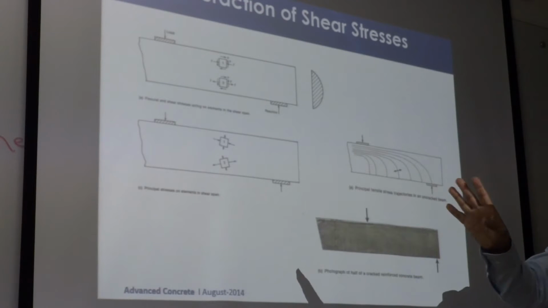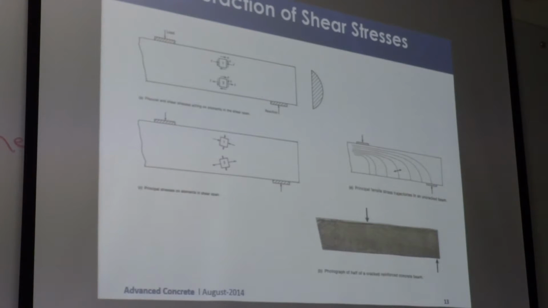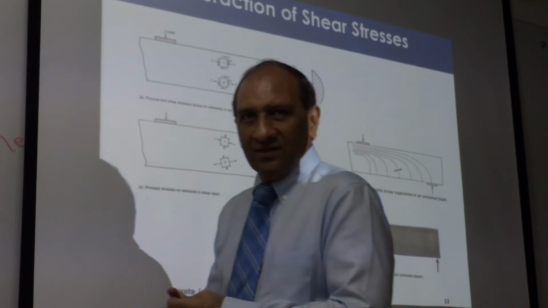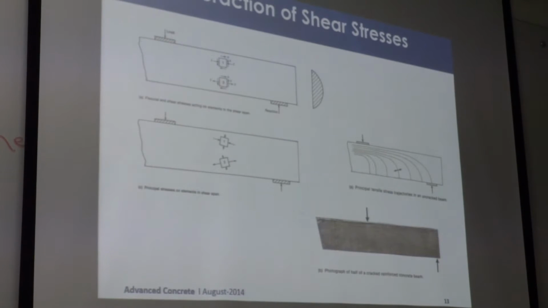Right now we are ignoring aggregate interlock and we are ignoring shear friction. We are only talking about pure shear coming from principal direction stresses, right? So it is not going to match with the real world, because the real world also has shear friction and aggregate interlock, which we might discuss separately.